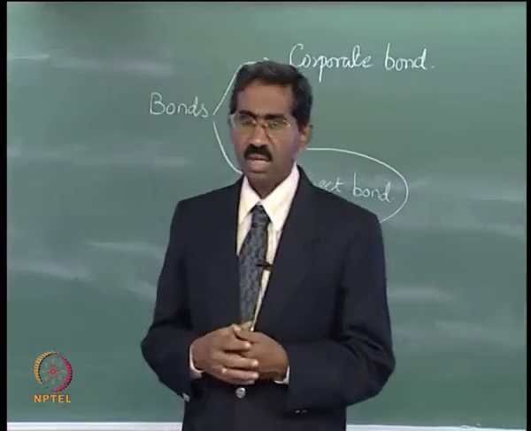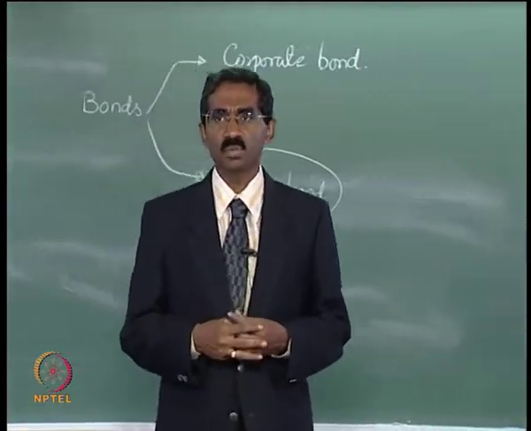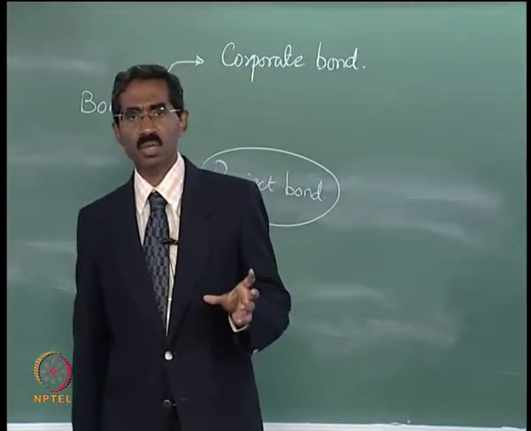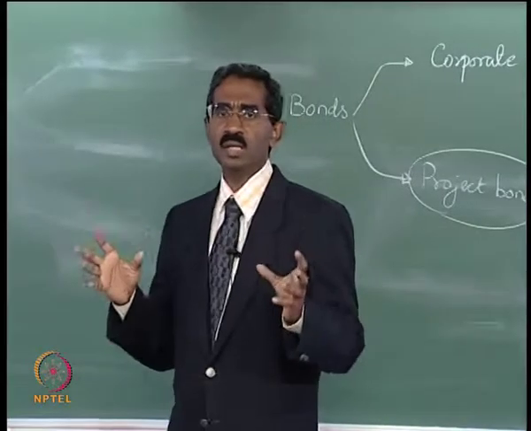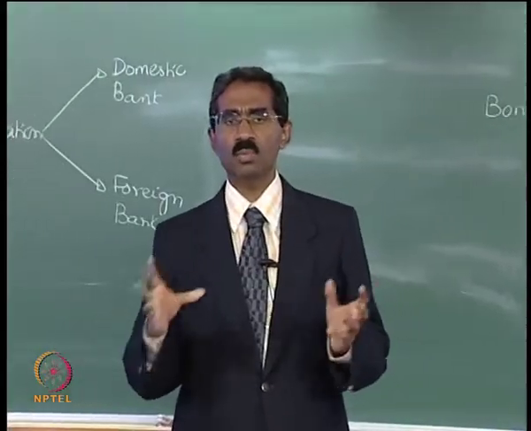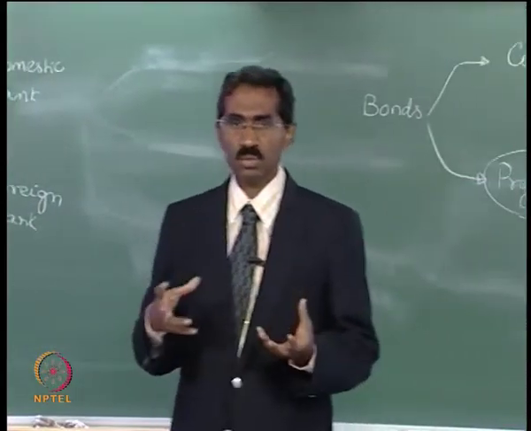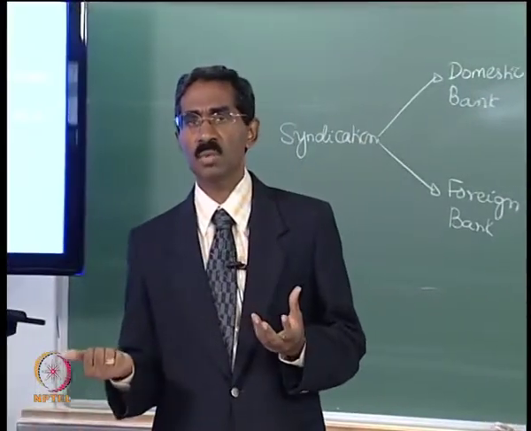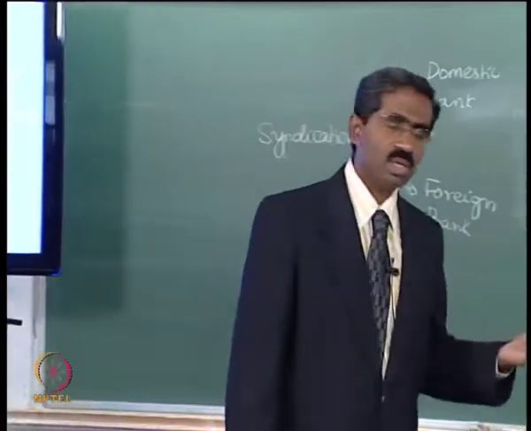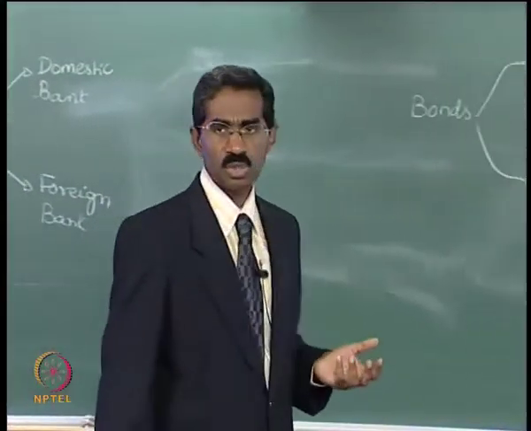Then you have the third category called dedicated revenue bonds. Dedicated revenue bonds indicate that certain dedicated revenue sources of the municipality are pooled, and the cash flows of those sources are used to service the investors of the bond. There could be many dedicated revenue sources for the municipality.